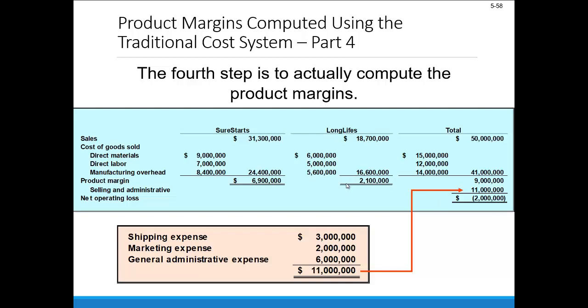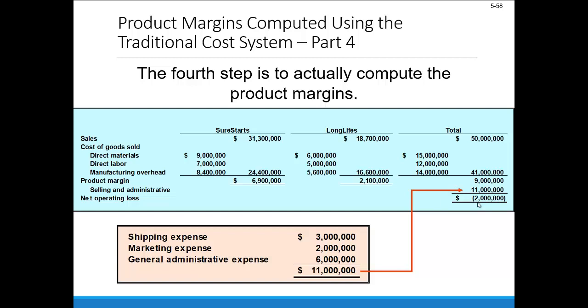We can also reconcile the product margins here to our overall company-wide net loss, same as we would do before. Total product margin across the two products in this scenario is 9 million, minus all those selling and admin expenses that we weren't assigning to products in any way of 11 million, and there's our same net loss of 2 million.